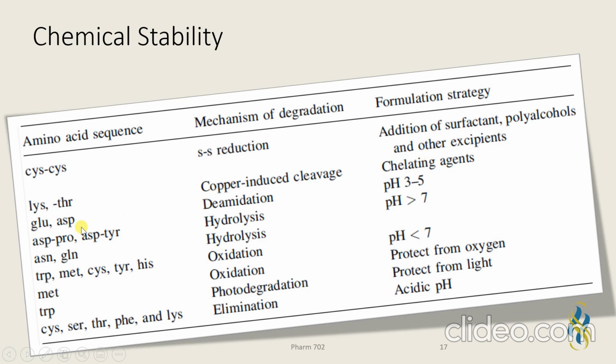The amino acids like GLU, which is glutamic acid, and ASP, which is aspartic acid, undergo deamidation degradation pathways, and the formulation strategy to prevent the deamidation is to maintain the pH from 3 to 5.